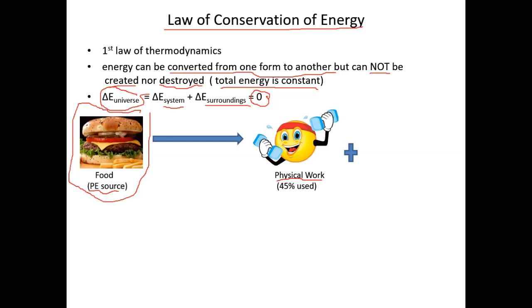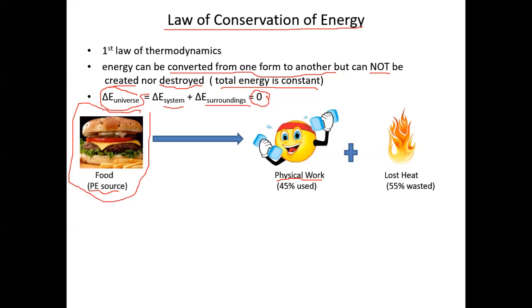So where does the other 55% go? It's lost as heat. So that's why when you're exercising, you're getting hot, because you're doing work and also producing heat as you convert that potential energy into kinetic energy and heat loss. So that's why you get hot when you work.